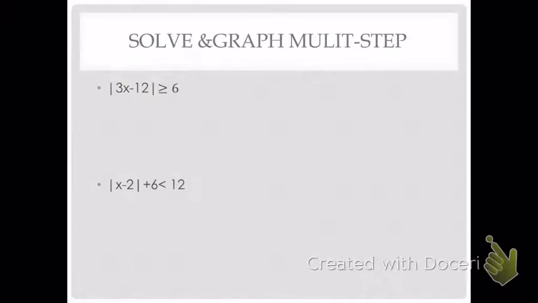All right, we're going to try a couple problems here. First one, the absolute value is already isolated. So we can go ahead and write our two inequalities. Switch the inequality and change the sign.